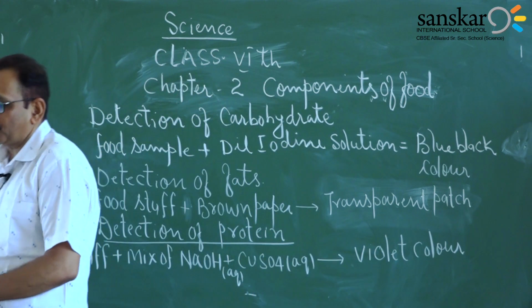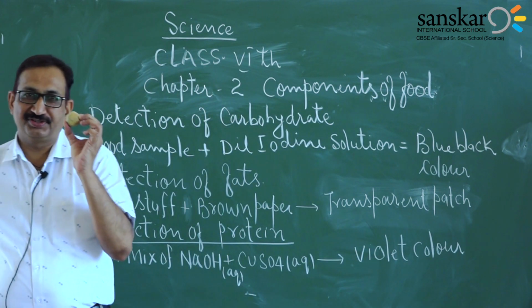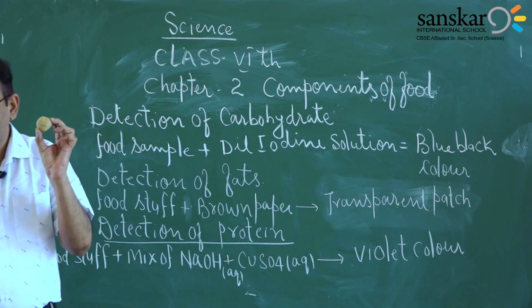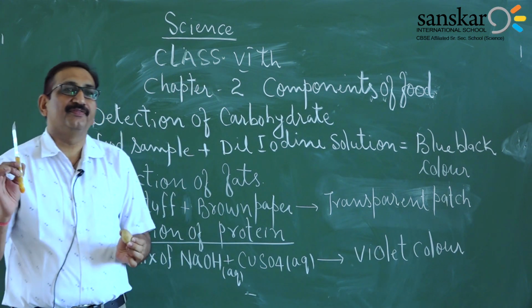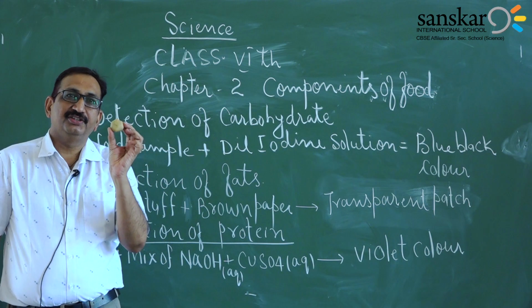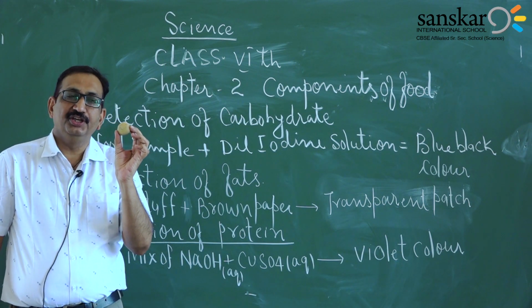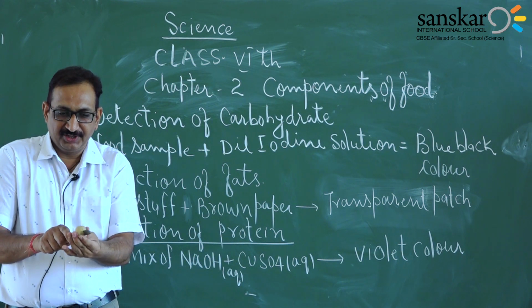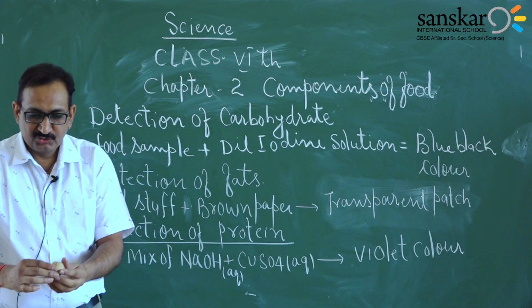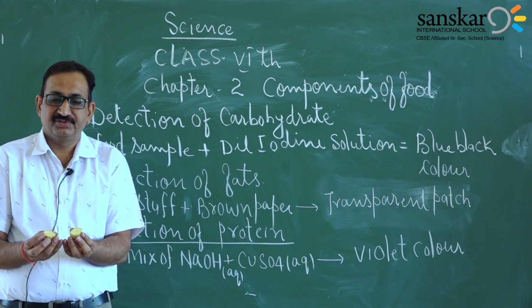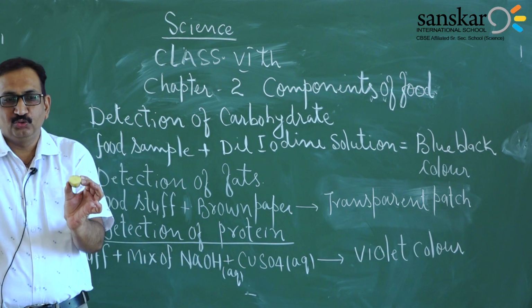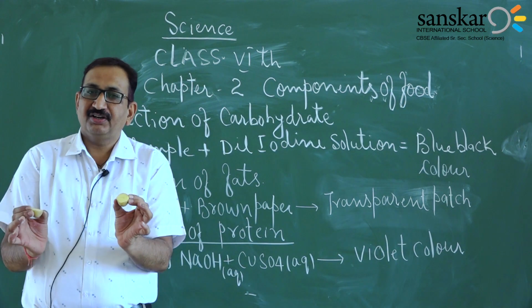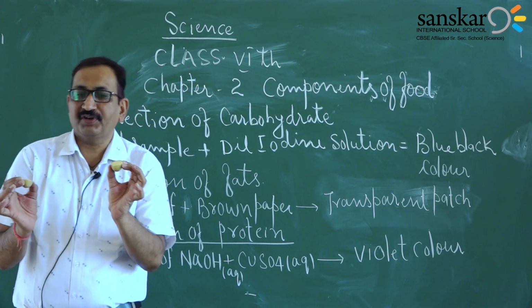So students, I have brought a potato piece. This is the potato piece and here is your knife. I have to cut this potato piece in two halves. Just see, I have cut it with a knife into two equal halves. These are the two parts cut from one piece of potato.